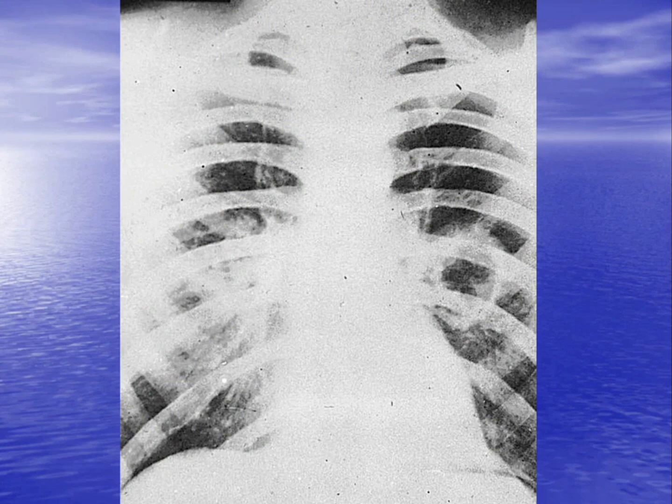Now, here's a great point. Cocci has a unique ability, not all the time, but it can cause a thin-walled cavity. So whenever you see a thin-walled cavity, the most common cause is a squamous cell carcinoma, but the most common infection is cocci, and then, of course, TB and others. Next.